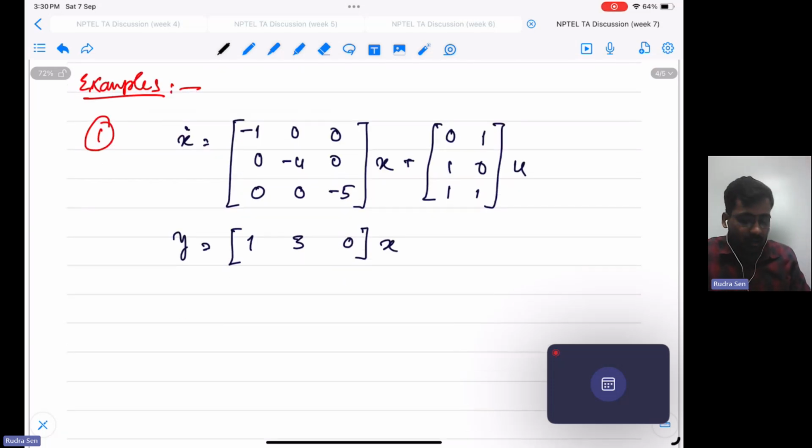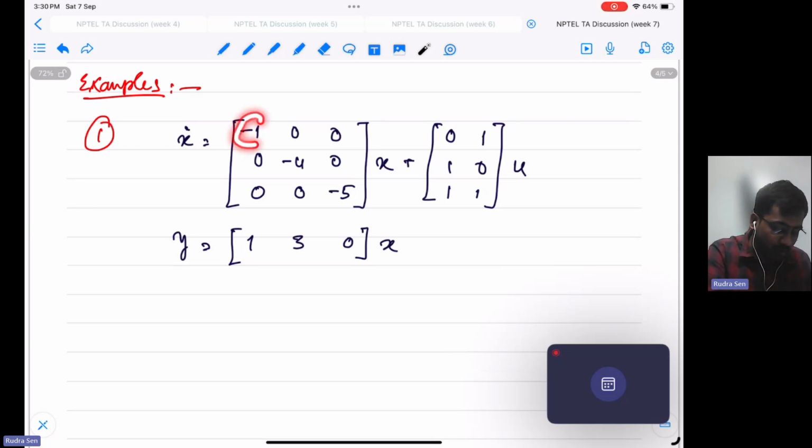First of all, you have to check if the system has distinct eigenvalues, then we will get this kind of diagonal structure. So these three are the distinct eigenvalues of the system. We have to check the corresponding columns of the C matrix: whether the elements are 0 or not.